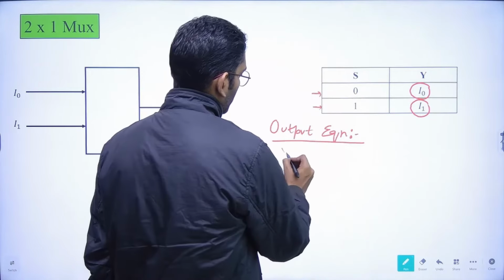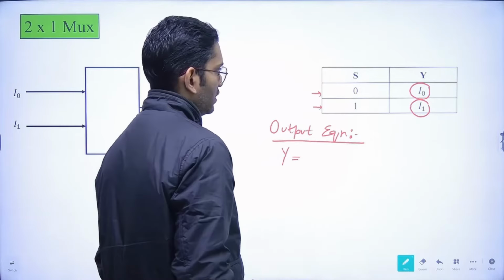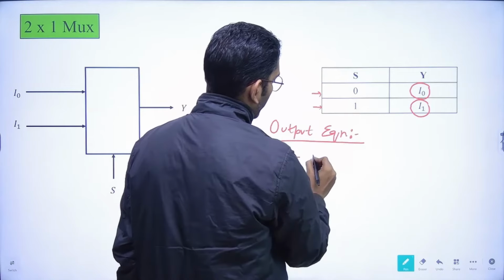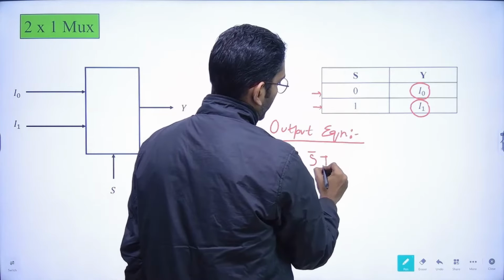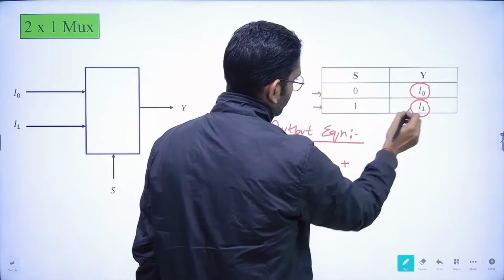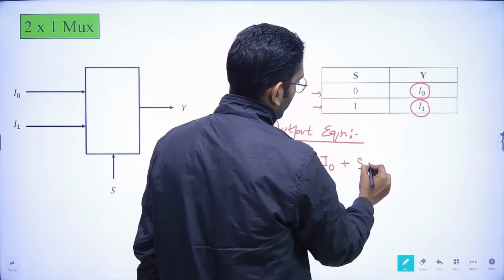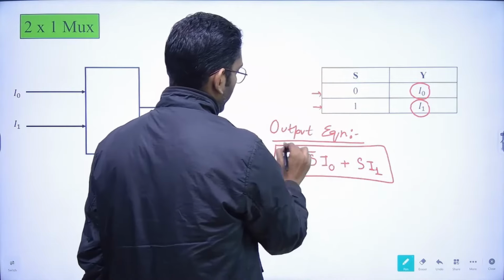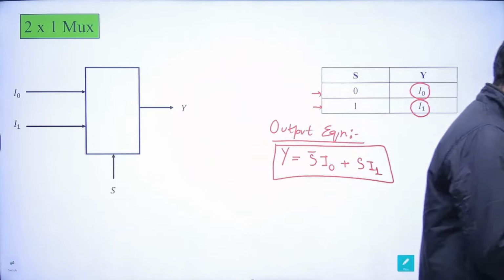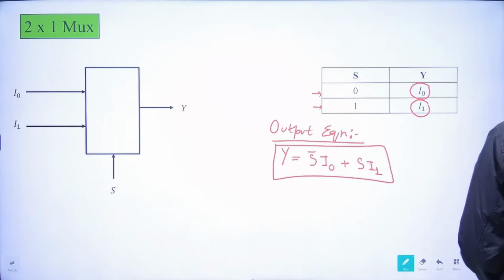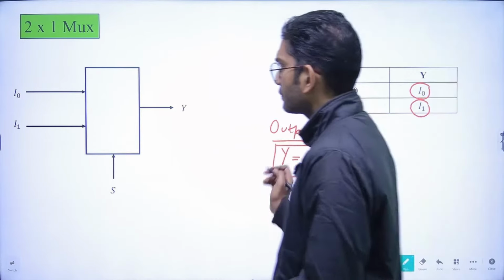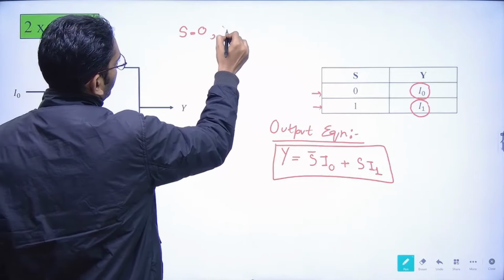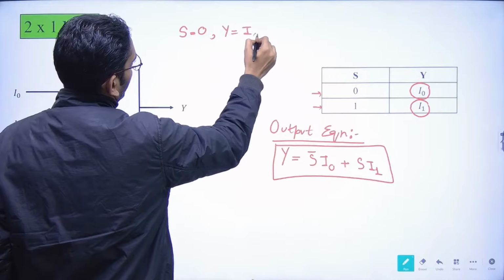So the output is Y. For S being 0, it would be represented as S bar I0, plus for S equal to 1, S I1. So this would be our final output equation. How are we getting it? When S is equal to 0, we get Y equal to I0.